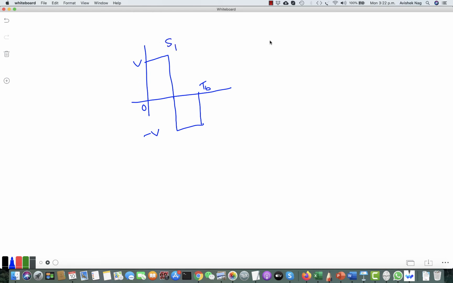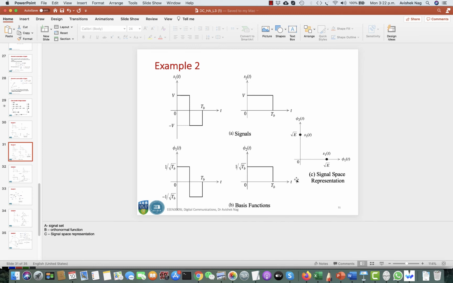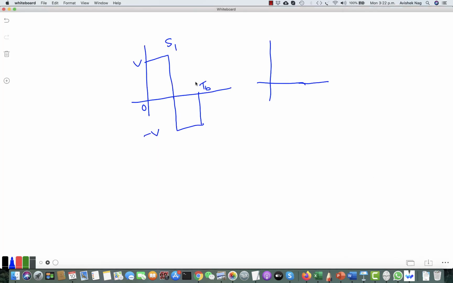And your S2 looks like a continuous amplitude between 0 and TB. So your S2 is V between 0 and TB. So now let's work this out.